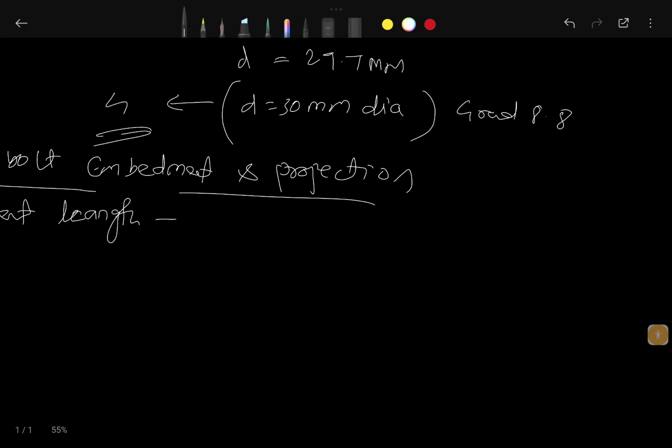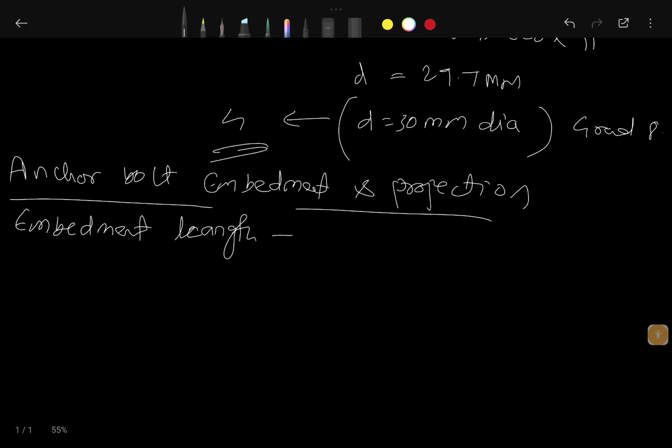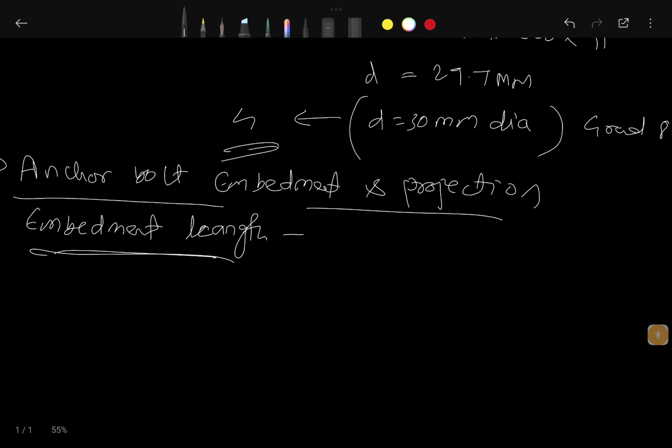We have only two main focuses. If we provide an embedded length to the bolt, first, it ensures bond strength with concrete, and second, it prevents cone failure.